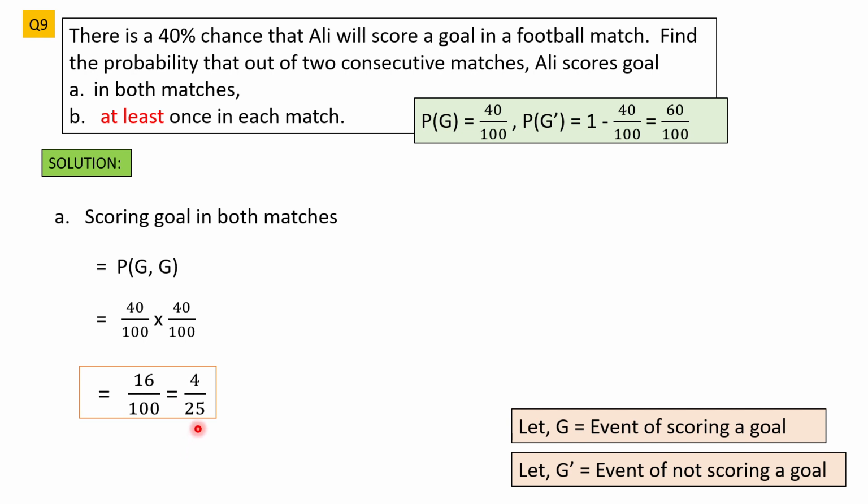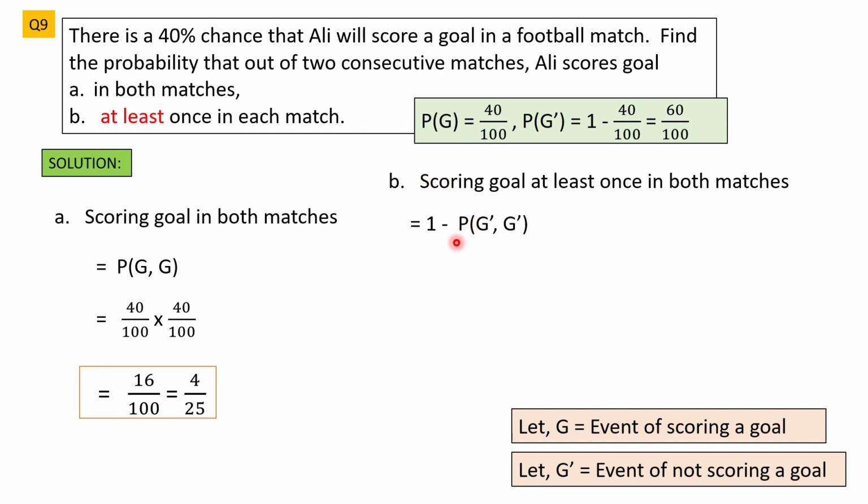The second question, you are asked to calculate the probability that Ali scores a goal at least once in each match. When you come across the word at least, it is simple if you just apply this formula: 1 minus the probability of the complementary events.